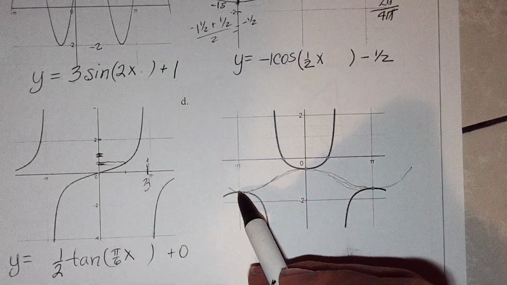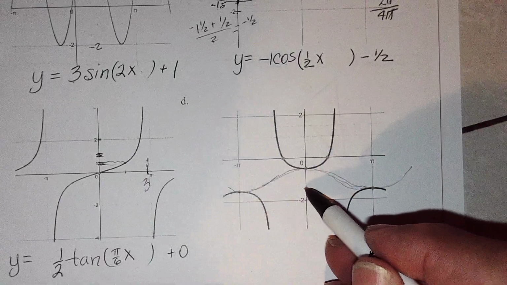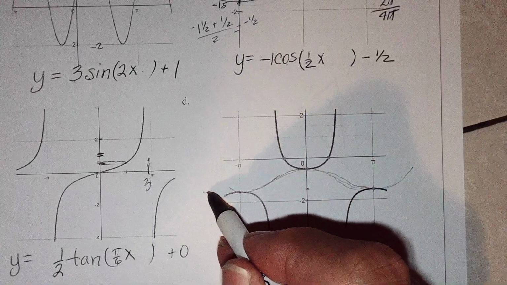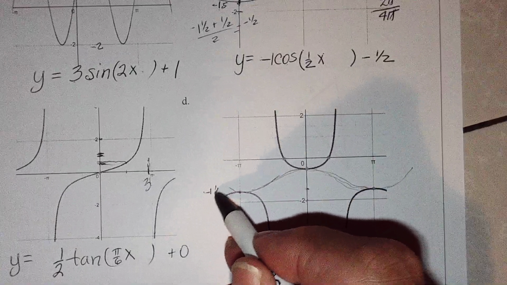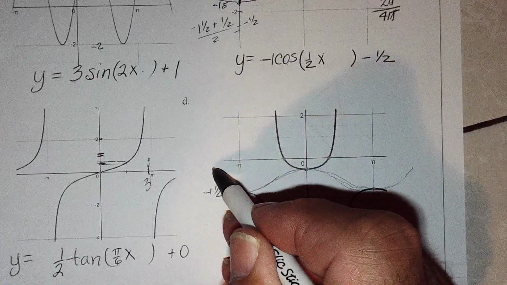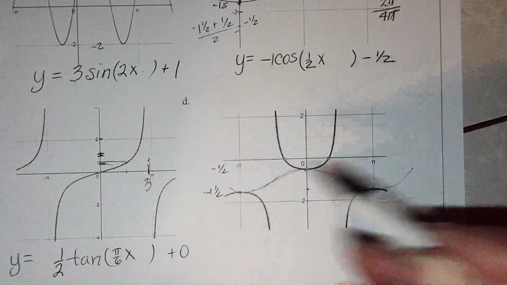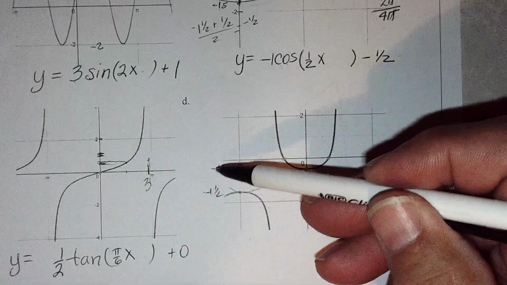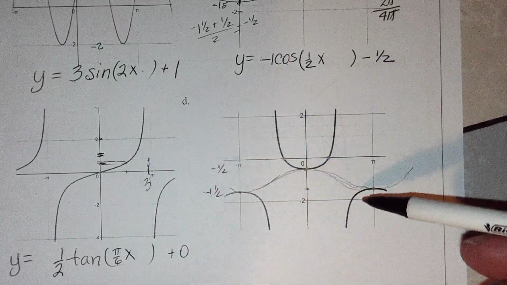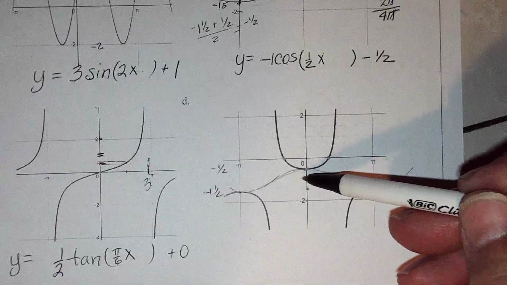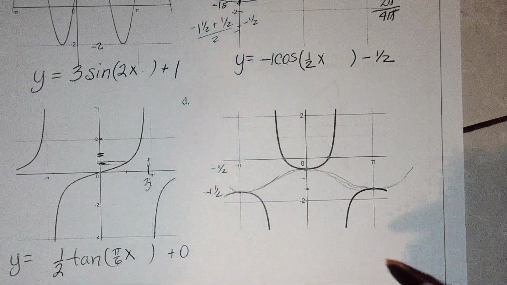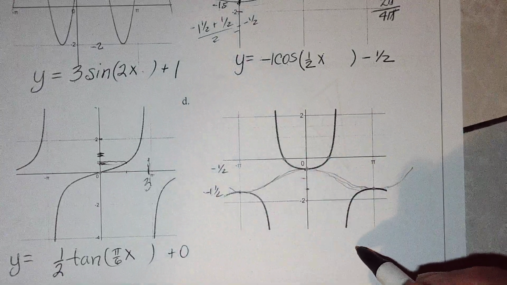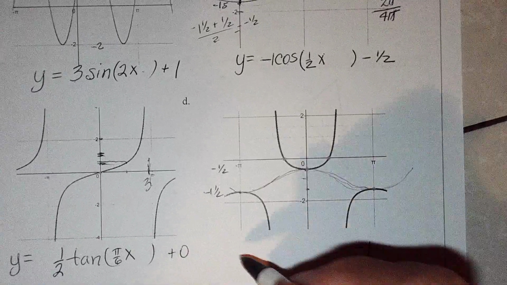This looks like it's down 1.5. And this is down 1/2. So it goes from -1.5 to -1/2 back to -1.5. So the midline looks like it's about -1. So the midline is going to be -1.